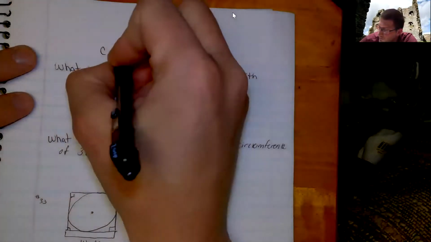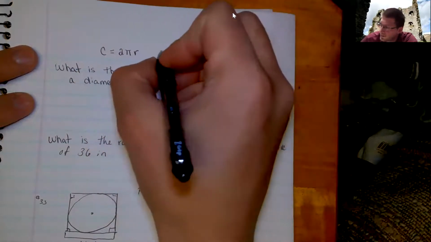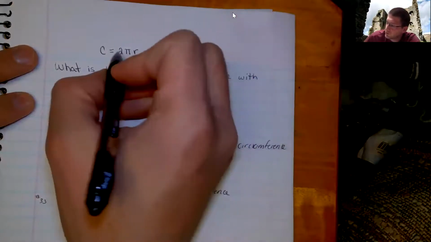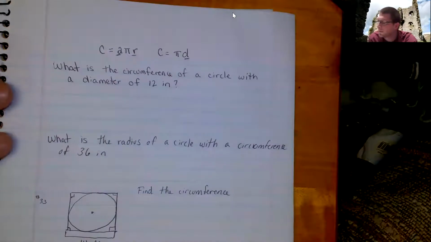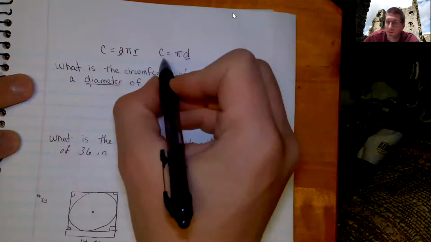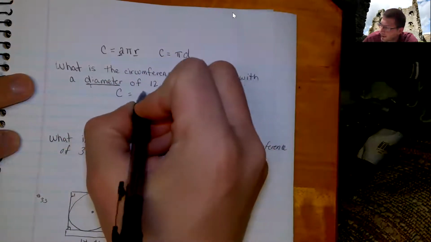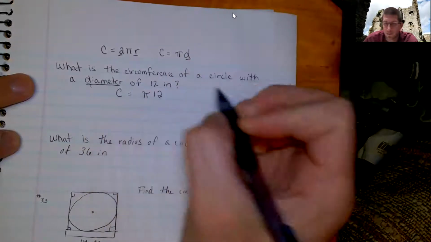Circumference equals 2 times pi times the radius, or circumference equals pi times diameter, because two radii equal a diameter, you can use either one. Because in this one, they give me the diameter, I'm going to go with this formula here. So the circumference of the circle equals pi times the diameter, which is 12, right?